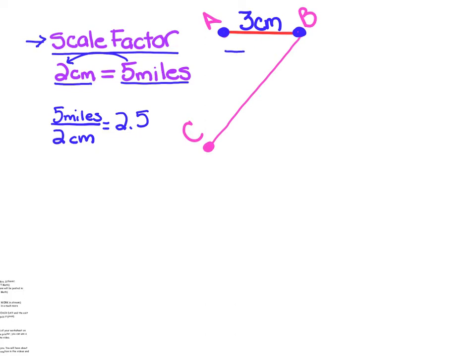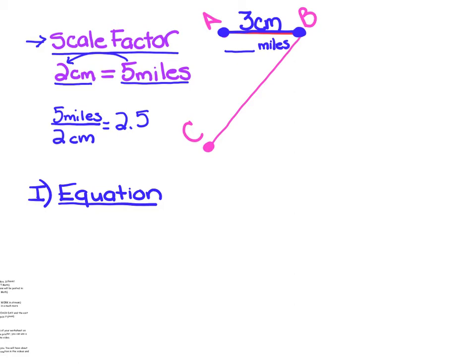Basically, we want to know how many miles it is to hike from point A to point B. So we have to convert 3 centimeters into miles. There's actually 3 ways to do this. Let's take a look at the different ways we could do this.